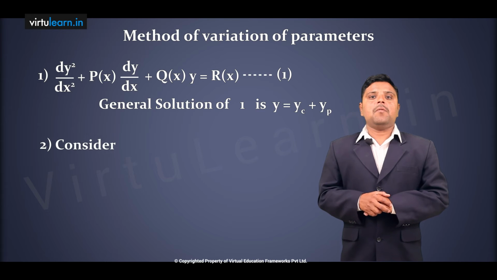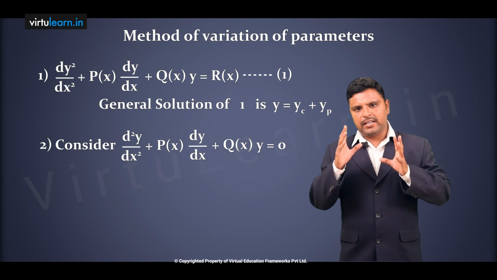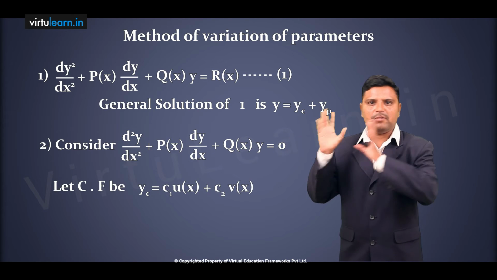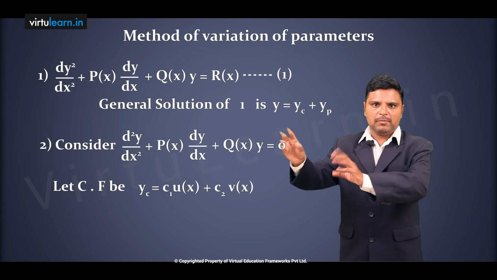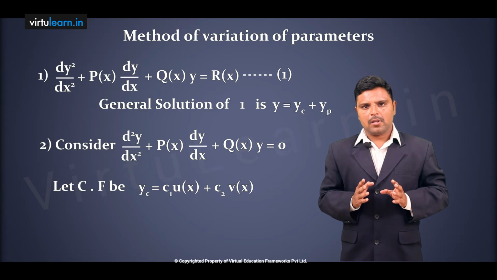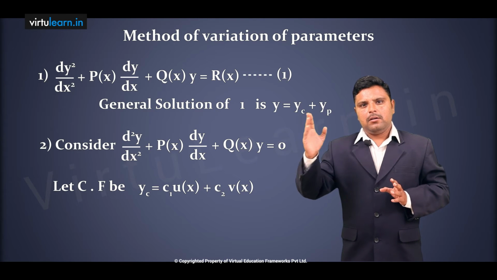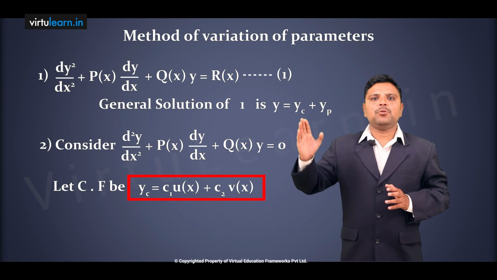consider the complementary function for this one. The general solution for this differential equation is every time y equals yc plus yp. Yc is the complementary function, yp is the particular integral. Yc equals c1 u of x plus c2 v of x.